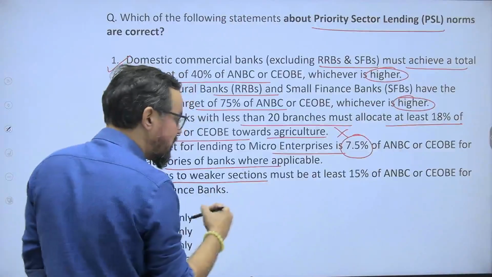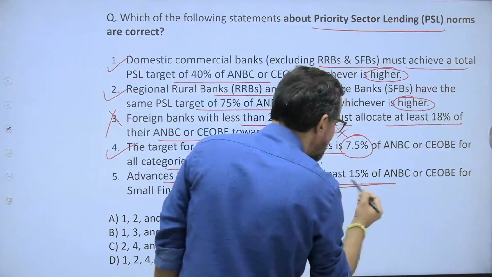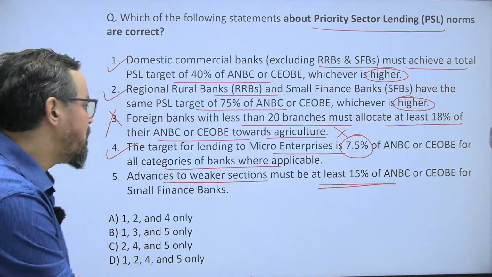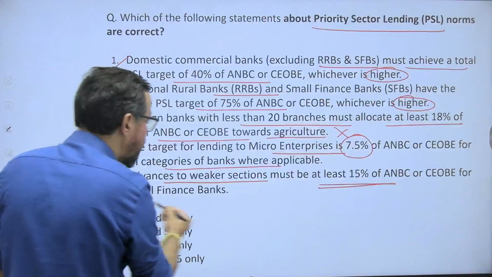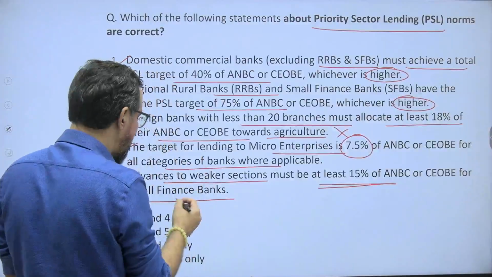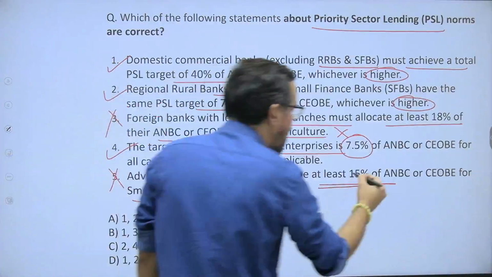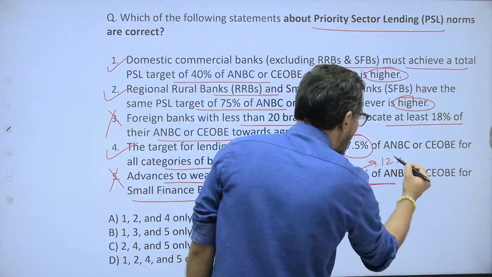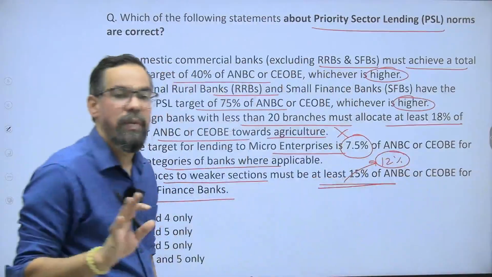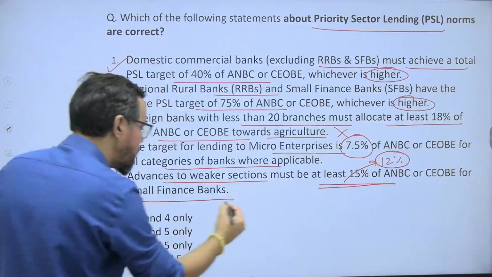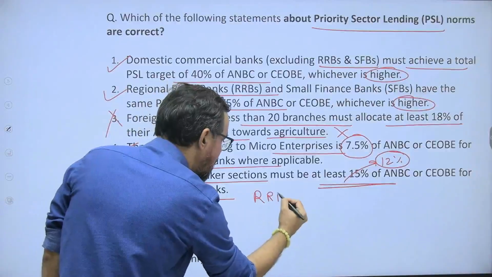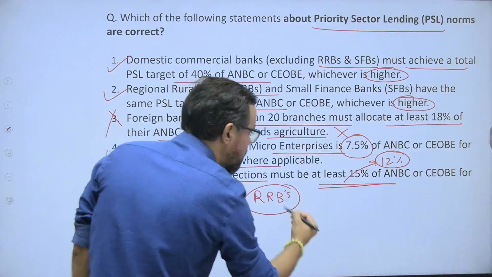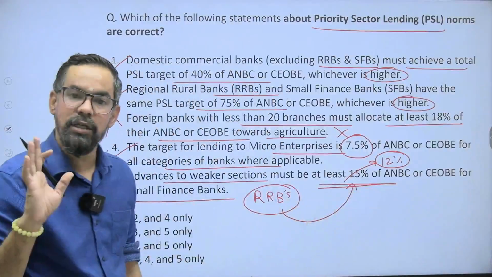Advances to weaker sections must be at least 15% of ANBC or COB for small finance banks. This is also wrong. It should be 12%. For RRBs it is 15%. Only for RRBs it is 15%; for the remaining it is 12% itself.